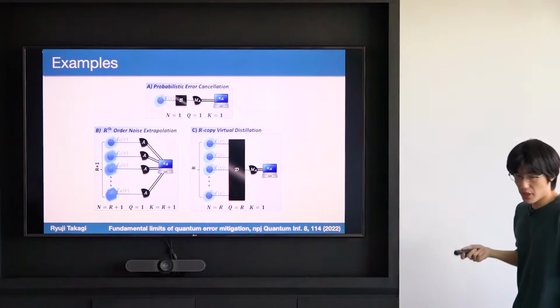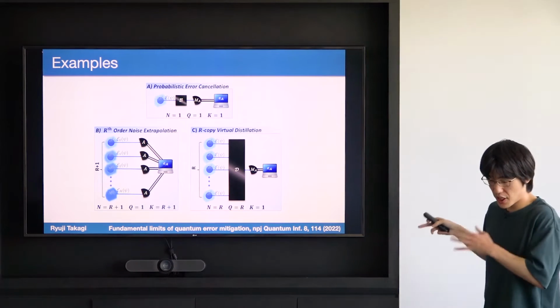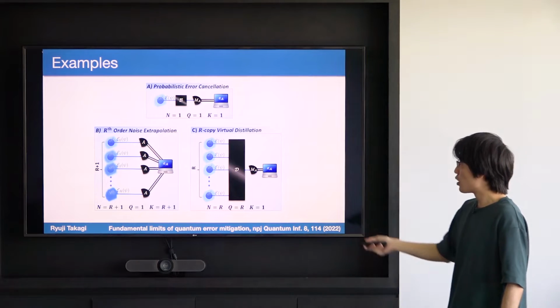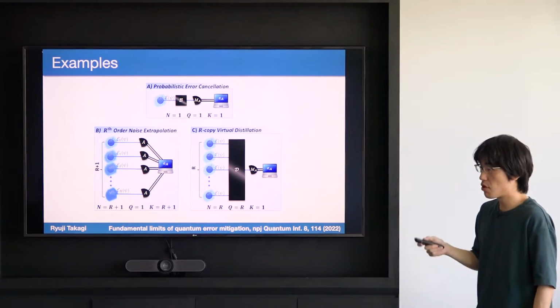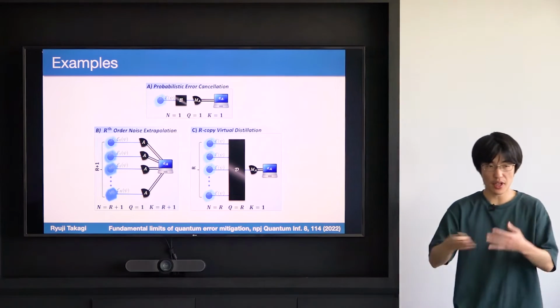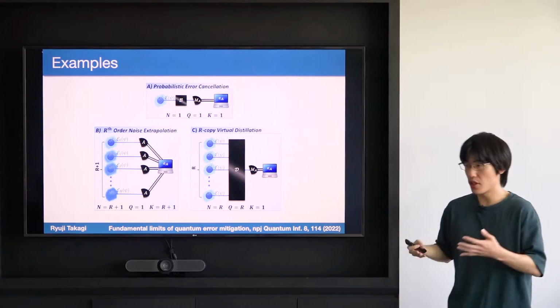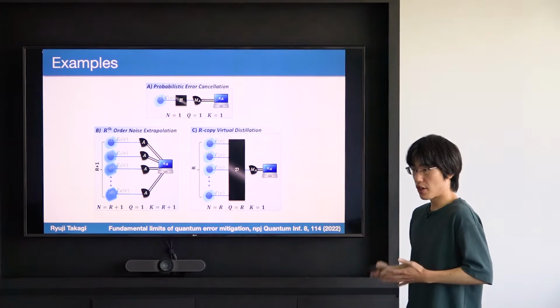So these are some examples of how these fall into our framework. The one that I described, probabilistic cancellation, is an example of 1-1 error mitigation. Q is 1, K is 1, because I take in one copy of the noisy state and apply the same experiment many times.